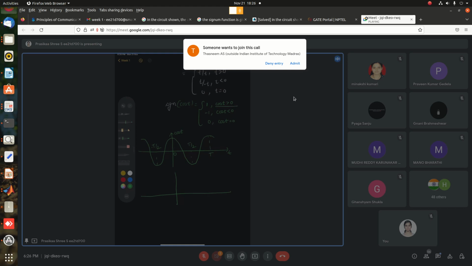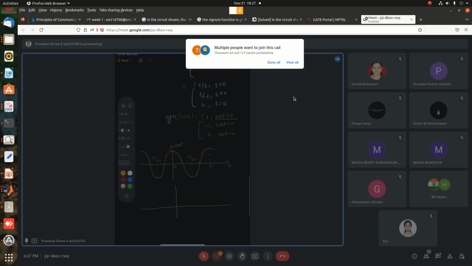So which are the portions which are greater than 0? This is the portion where cos t is greater than 0, and this is the portion where cos t is greater than 0. And which are the portions where cos t is equal to 0? This portion. And which are the portions where cos t is less than 0? This portion.